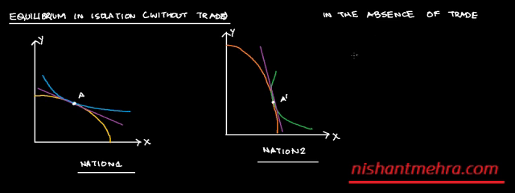In the absence of trade, when is a nation in equilibrium? A nation is in equilibrium when it reaches the highest possible indifference curve. These blue and green are the indifference curves.